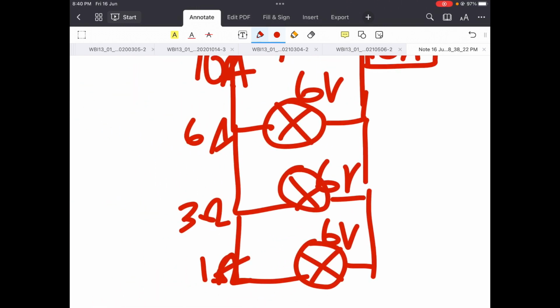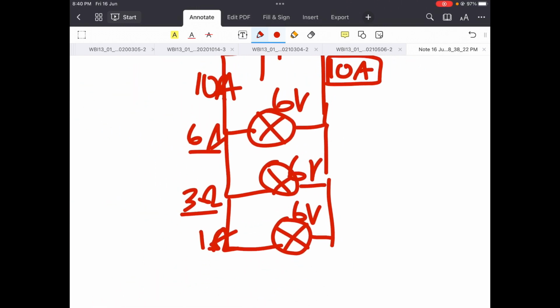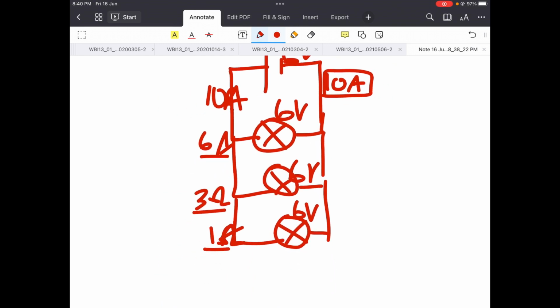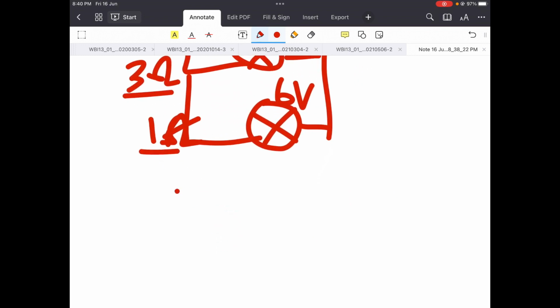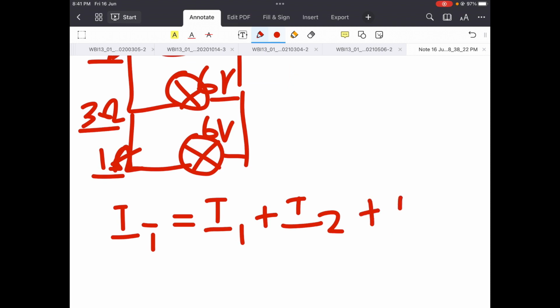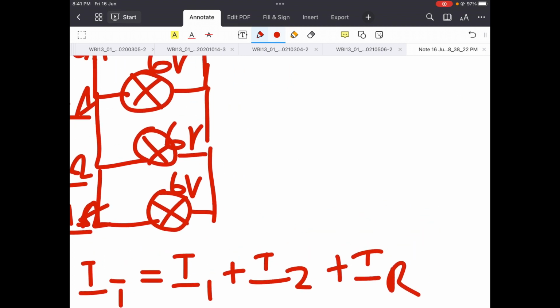So the current in each of these branches adds up to the total current in the circuit. So 6 plus 3 plus 1 is equal to the total current in the circuit, which is 10 amps. So as you can tell, IT is equal to I1 plus I2 plus I3, right?